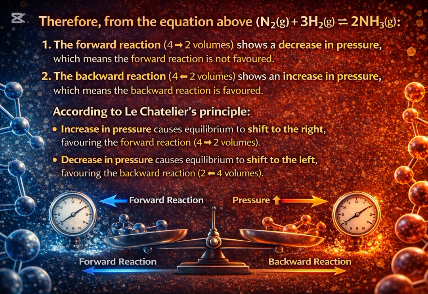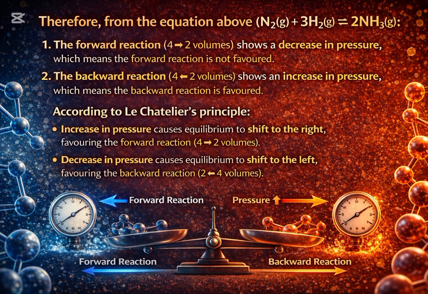Can we see that when we now increase the pressure of this particular reaction, which is 1 mole of nitrogen plus 3 moles of hydrogen to produce 2 moles of ammonia, when we increase the pressure, the equilibrium will shift to the right, because from the reactant side we have 4 volumes and the product side we have 2 volumes.